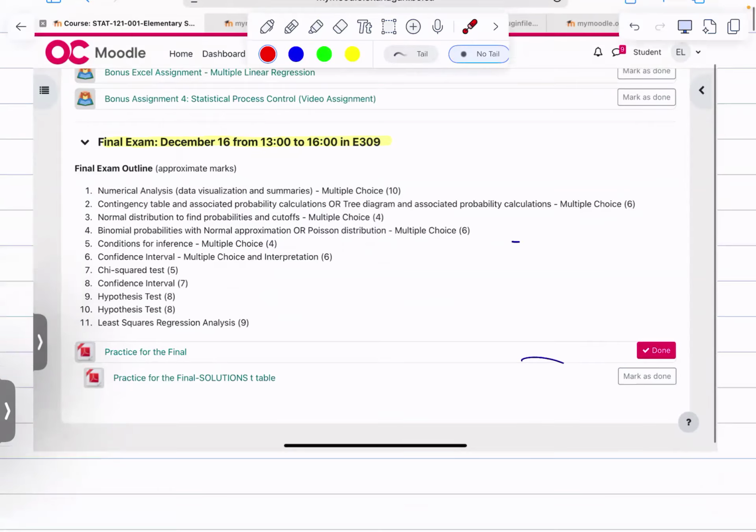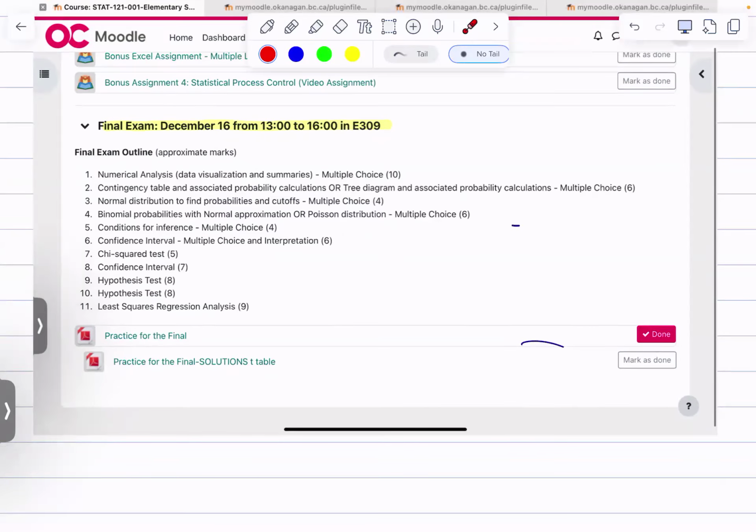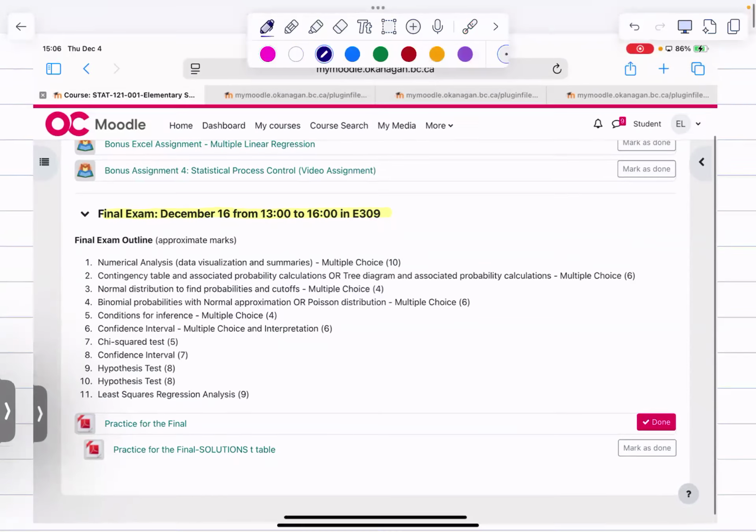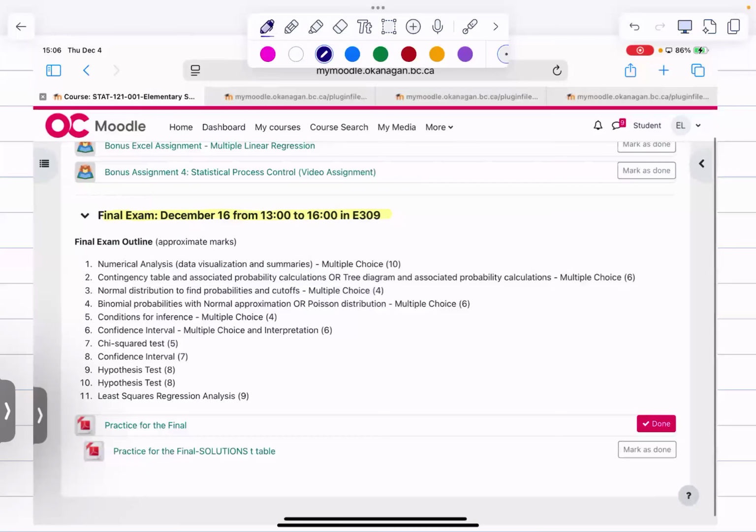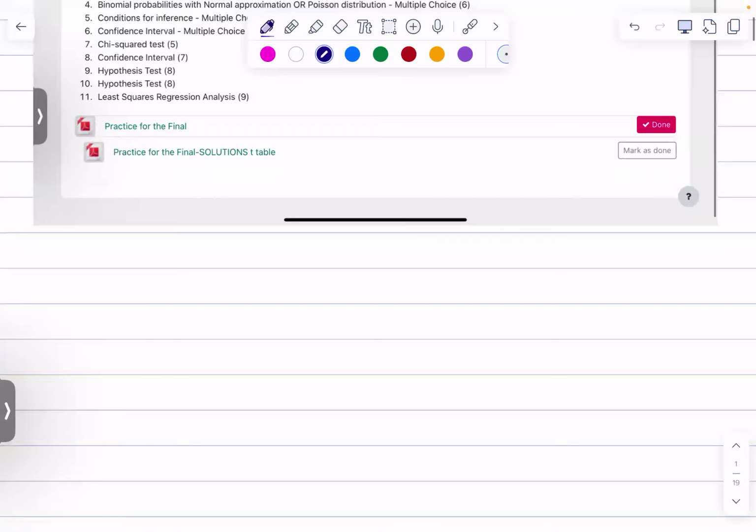In terms of when I am here, what is my schedule? I'm always available by text or email.